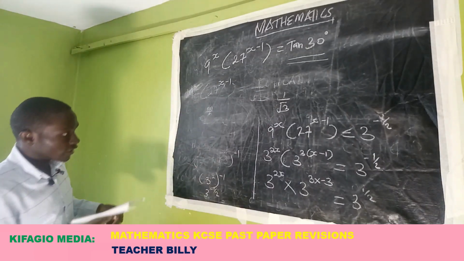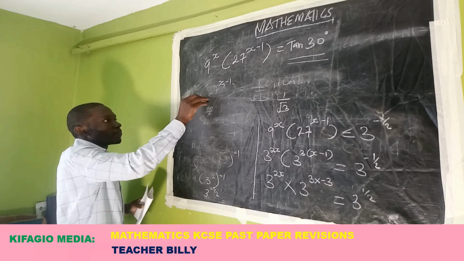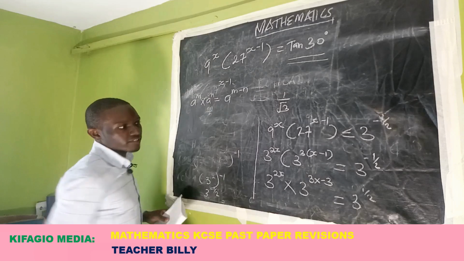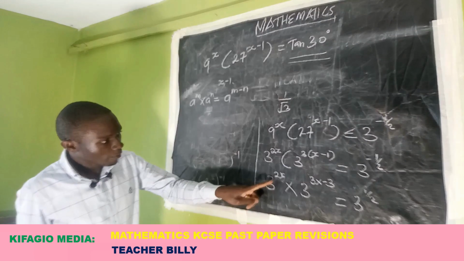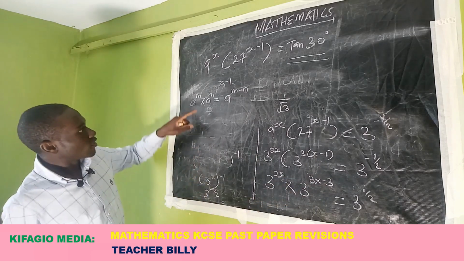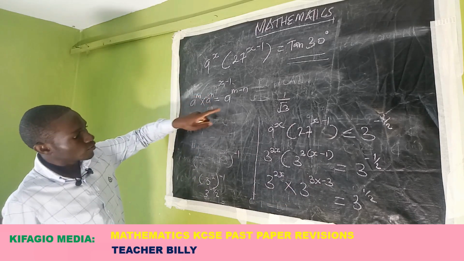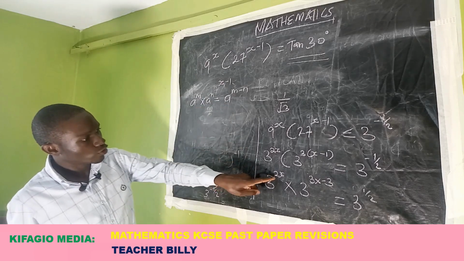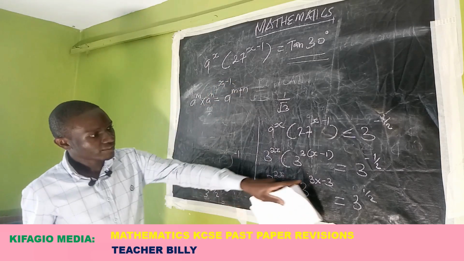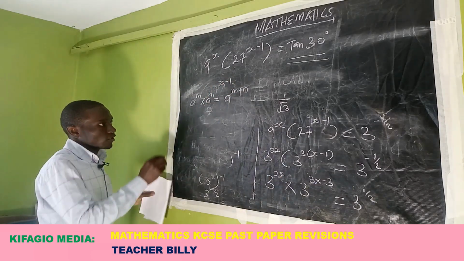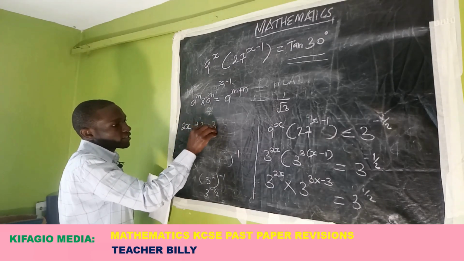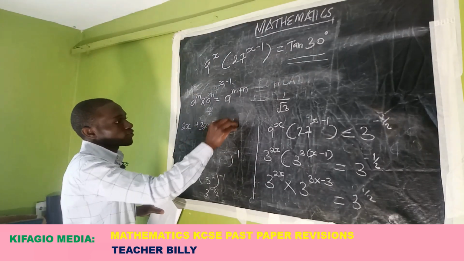Apart from the two laws, if you have a raised to power m multiplied by a raised to power n, it is equivalent to a power m plus n. So here 3 power 2x times 3 power 3x minus 3, we'll have 3 raised to power 2x plus 3x minus 3. So 2x plus 3x minus 3 is equal to minus 1 over 2.